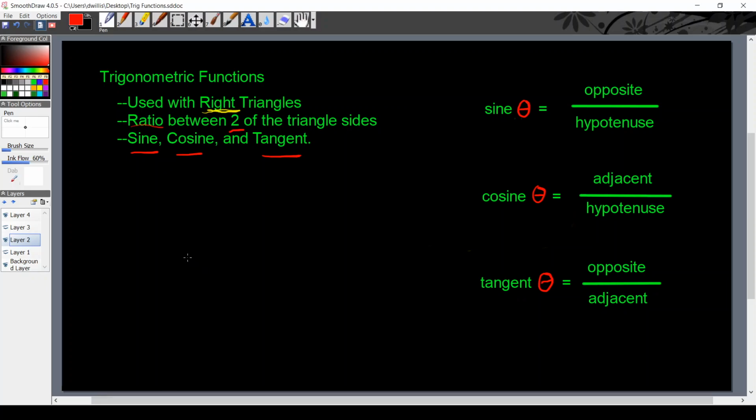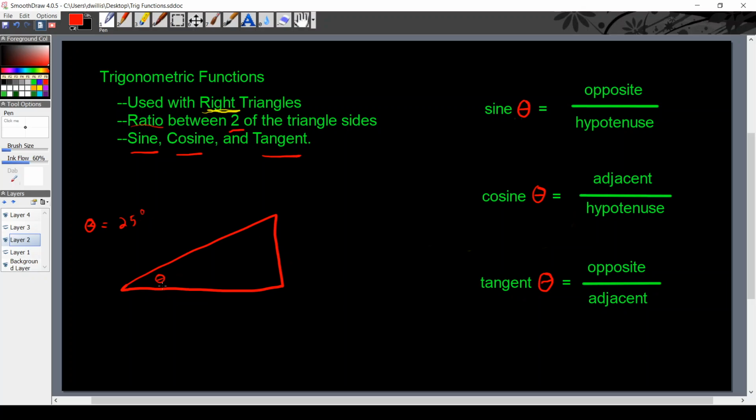Now, the way that we're going to use those is let's just draw a triangle. And let's say that I have my angle theta here. And let's say that I know a value for theta. Let's say that theta is 25 degrees.